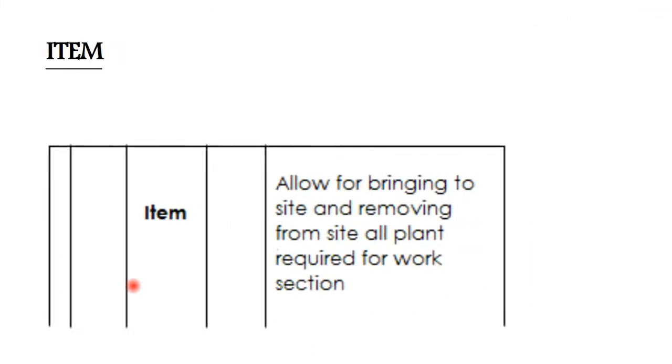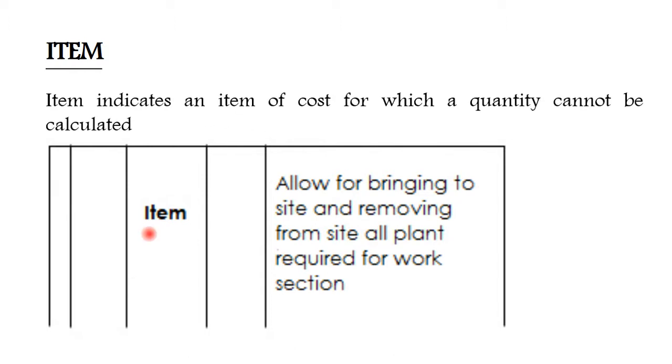Then we have another item. So an item indicates an item of cost for which a quantity cannot be calculated. You may not calculate the quantity, but you just allow for the cost of that particular item. You describe the nature of that particular item.